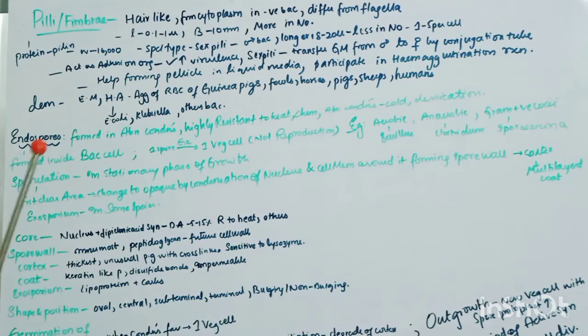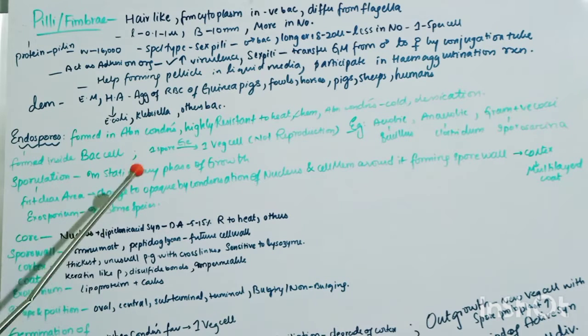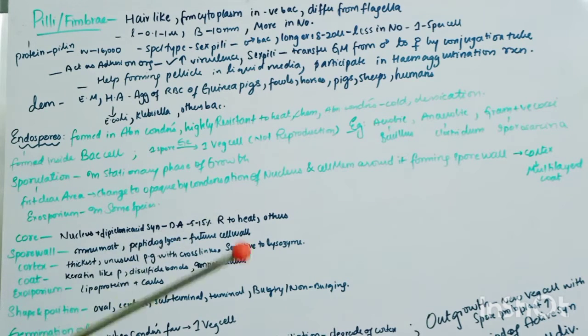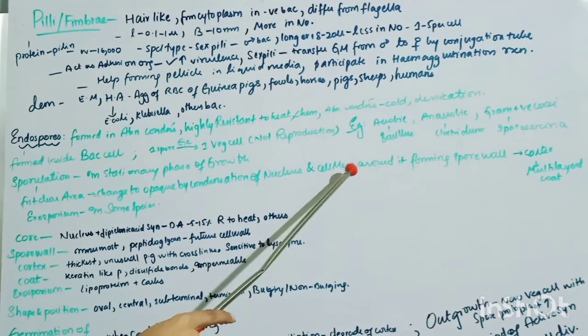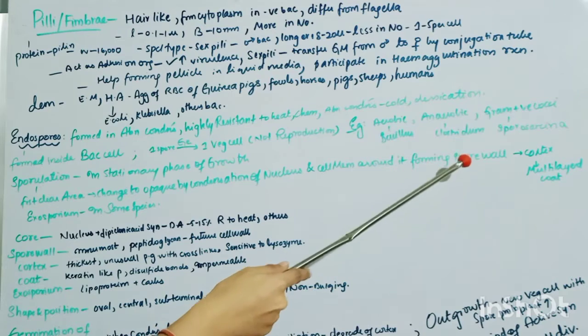Sporulation occurs in the stationary phase of growth or in abnormal, unfavorable conditions. The sporulation area is clear around the protoplasm. Later it changes to opaque by condensation of the nucleus. As the nucleus condenses, it is surrounded by the cell membrane, forming the spore wall.